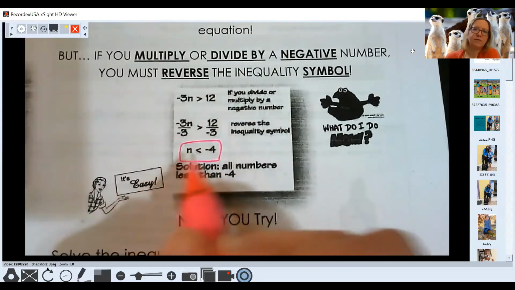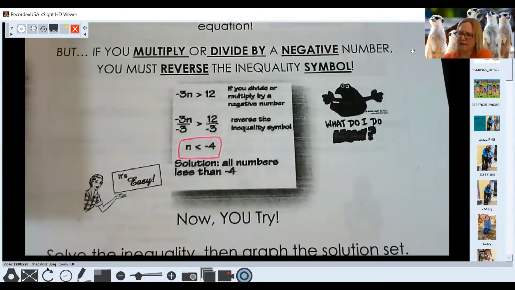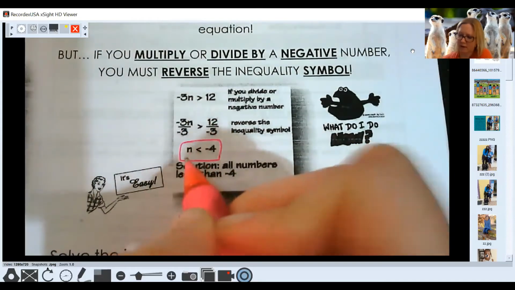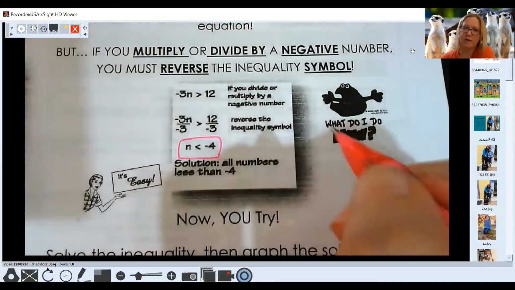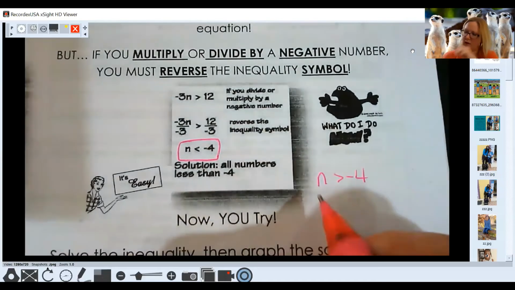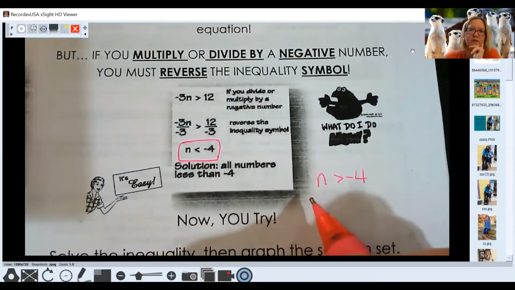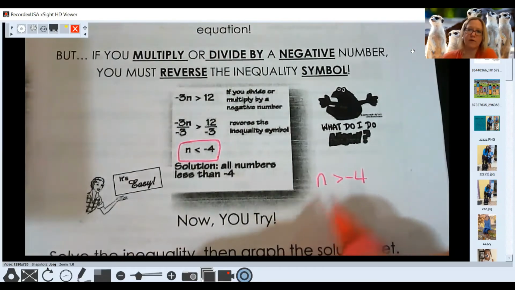Now let's say we didn't flip the symbol. Let's say instead that we left it as greater than. And so let's say our answer was n is greater than negative 4 instead. Well, in fact, let me write that over here. When you choose a number to check your answer, let's say we pick 0, because 0 is greater than negative 4.